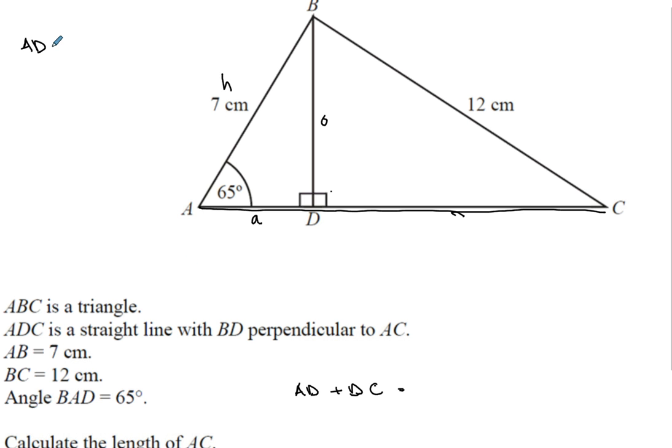So let's start here, lots of space. So AD, we're saying cos 65 equals A over H, which is 7. So you know with the Faz format, 3 equals 6 divided by 2. So A would be 7 times cos 65.